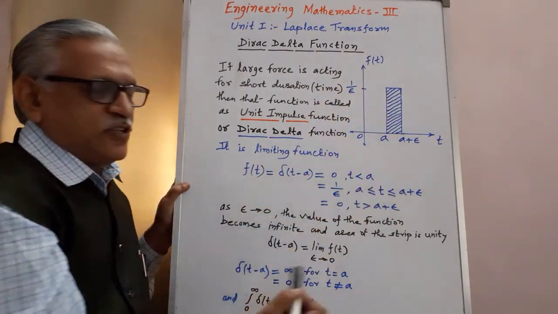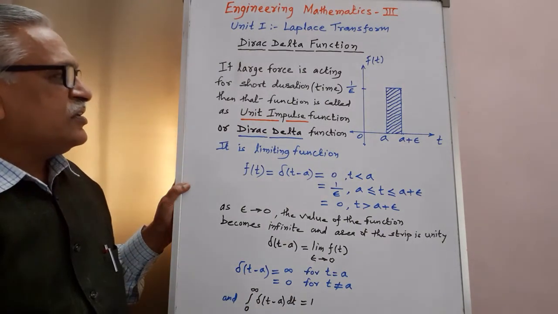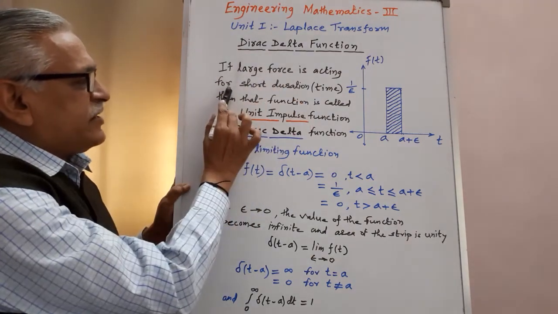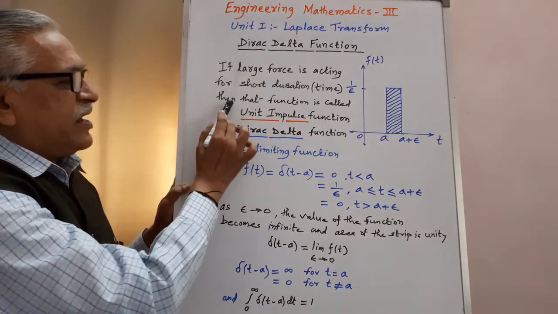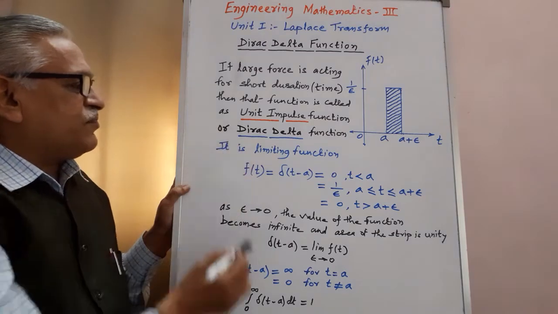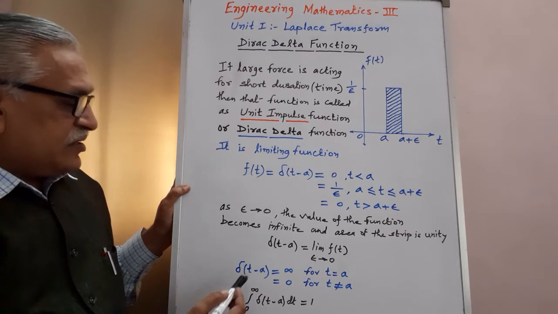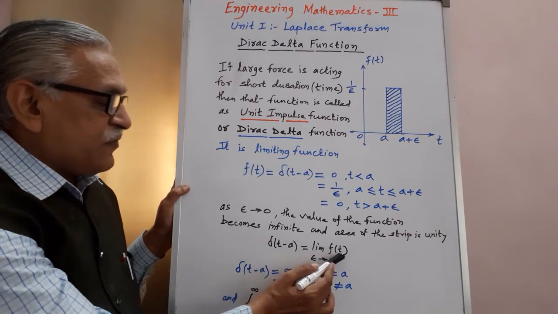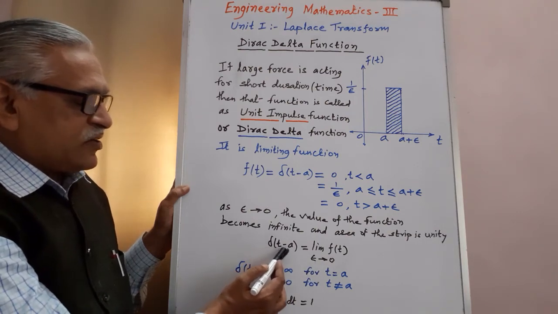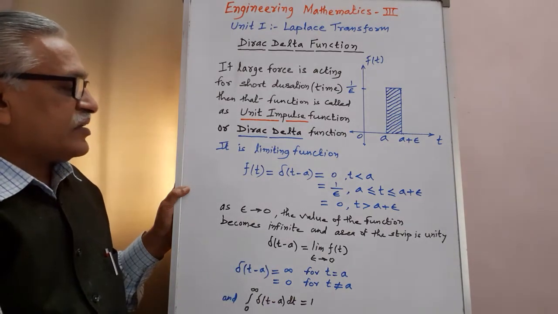If epsilon is very small, 1 by epsilon tends to infinity, or tends to a large amount, and therefore if a large force is acting for a short duration, then that function is called the unit impulse function, or the Dirac-Delta function. It is a limiting function. Therefore, if we take the limit of f of t as epsilon tends to 0, then it is called delta of t minus a, or Dirac-Delta function or unit impulse function.